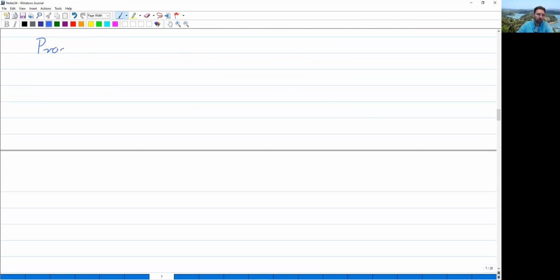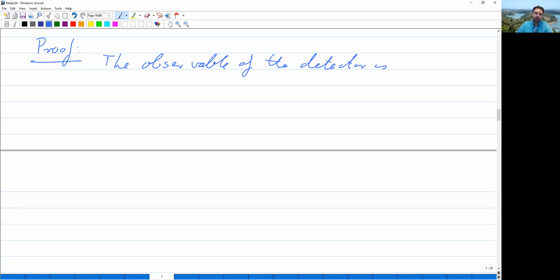Proof. Well, what is the observable that describes our detector? The observable of the detector is Q hat, which is |xd><xd|.